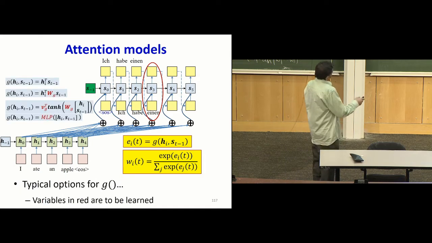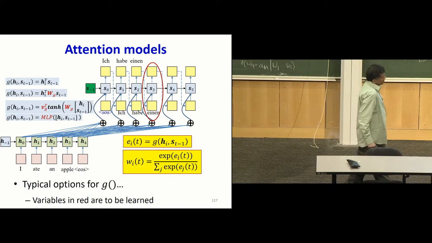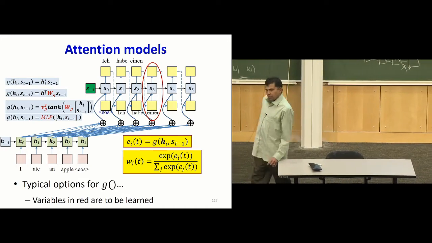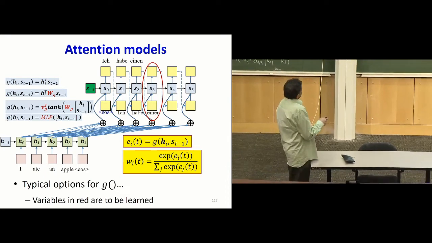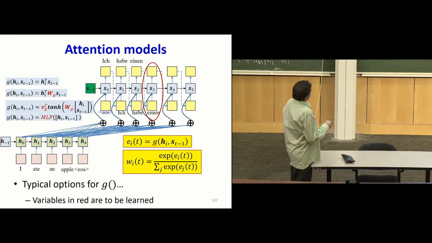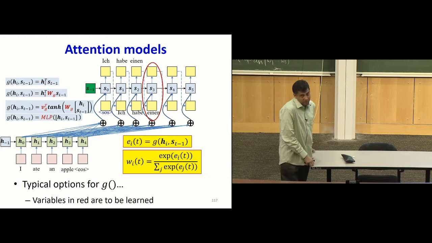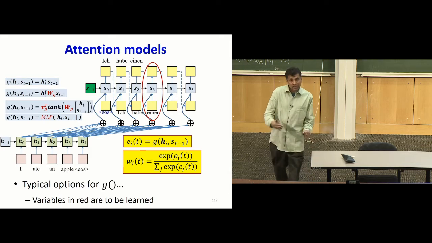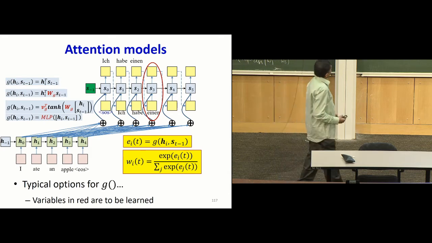And this raw weight itself can be computed using a variety of functions. Several have been proposed. The simplest one, of course, is simply to compute the inner product between h_i and s_{t-1}. That's assuming that these hidden representations and these representations have the same dimensionality. If they don't, then you can have a matrix inner product where the matrix does the translation of dimensions.